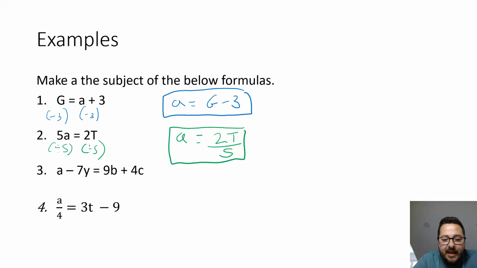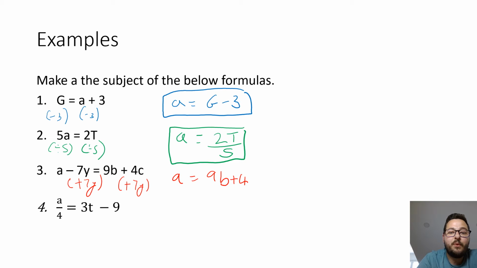And then number 3, we've got A minus 7y equals 9b plus 4c. Here A is just being minused by 7y, so we want to add 7y to both sides. So we're going to end up with A equals 9b plus 4c plus 7y.